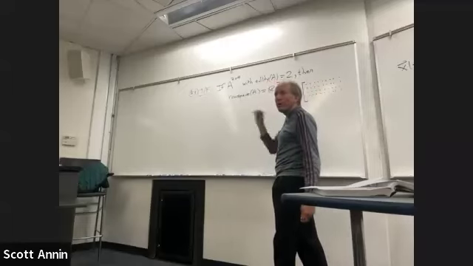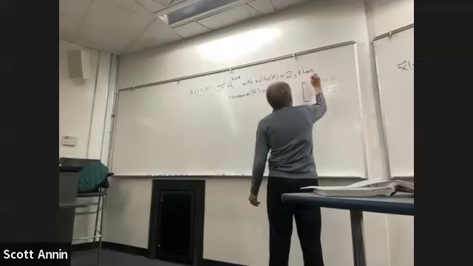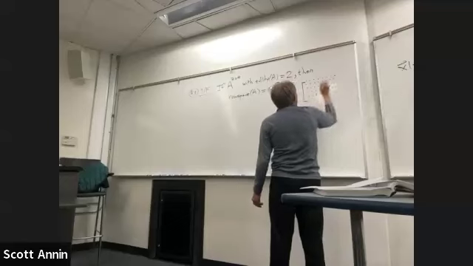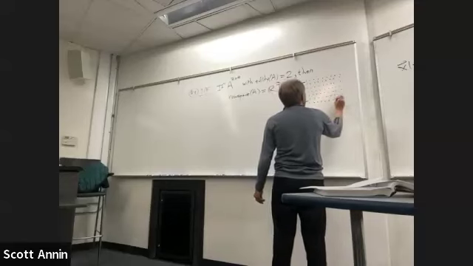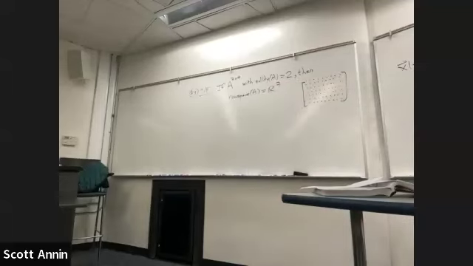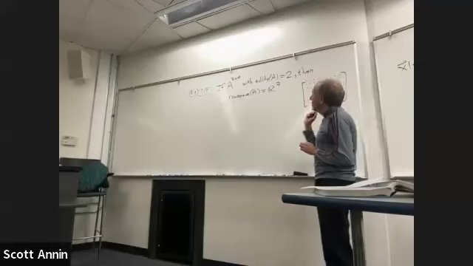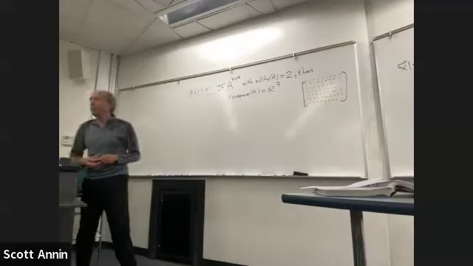Whoever's next door probably is wondering if I'm tapping. 1, 2, 3, 4, 5, 6, 7, 8, 9. Okay, 7 by 9. Thank you for humoring me on that. That's the shape of the matrix. And so the question is, will the row space of A be equal to R7?